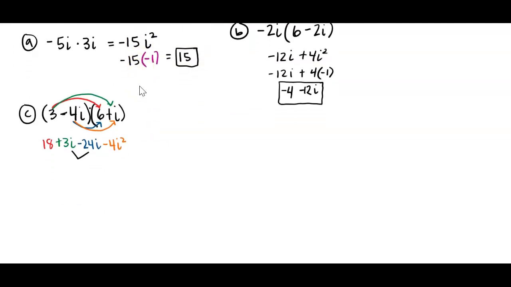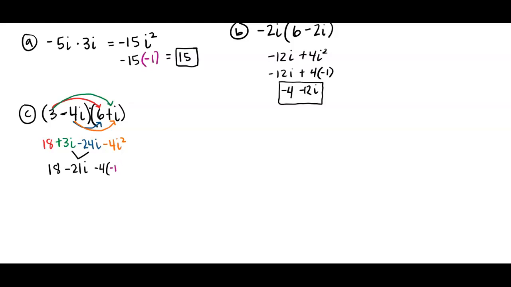So when I write this out then, I've got 18. When I combine these together, I get negative 21i. And then I've got a negative 4 times a negative 1. I put it in a different color, just to make sure it stands out to you.